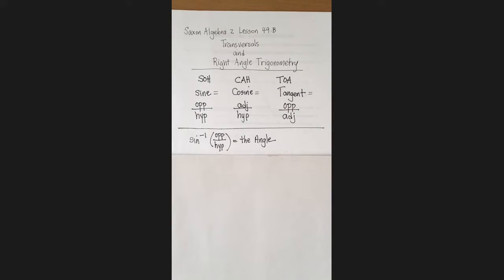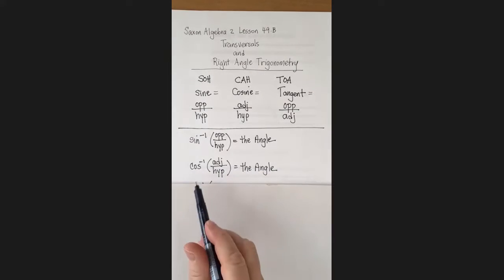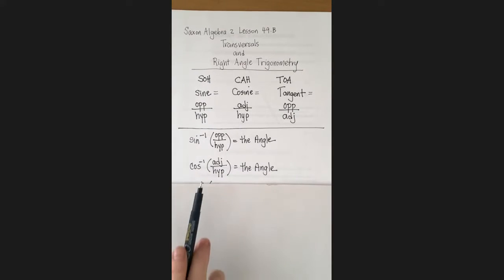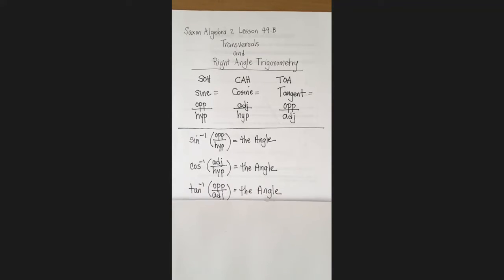Make sure you're in degrees and not radians. It would tell you the angle in radians, but it wouldn't be very meaningful for the things we're doing. Similarly, for the cosine, you put the cosine to the minus 1 and the value of the adjacent side divided by the hypotenuse, and it'll tell you the angle that goes with it.